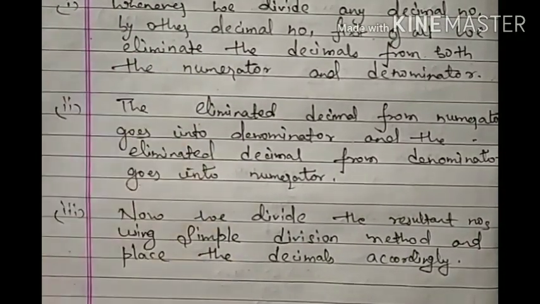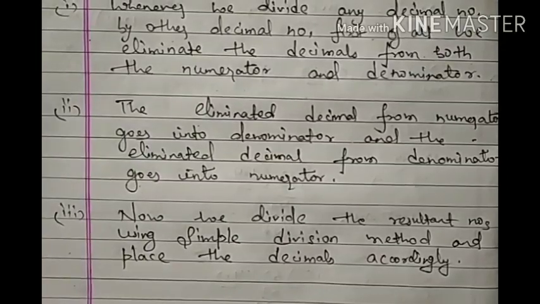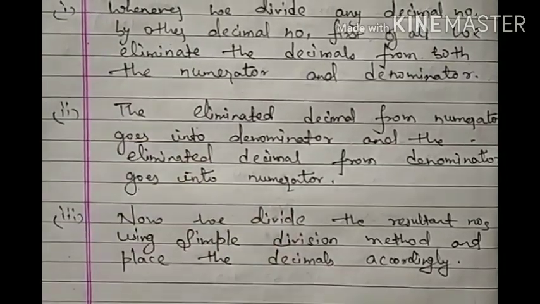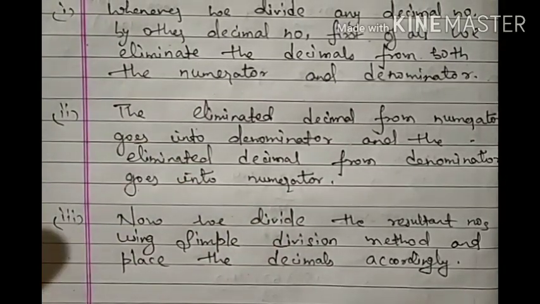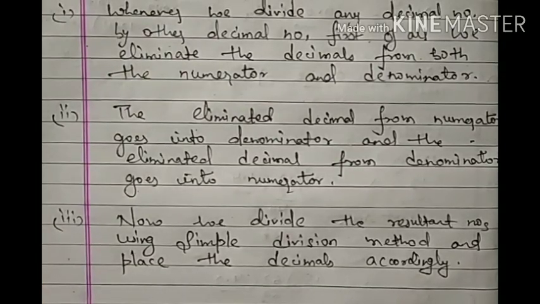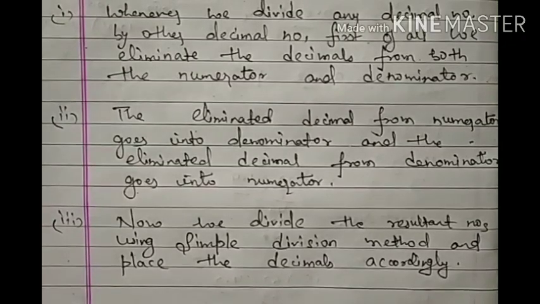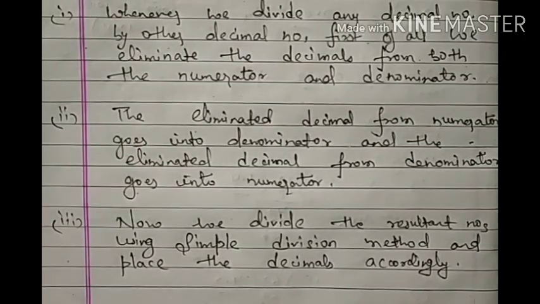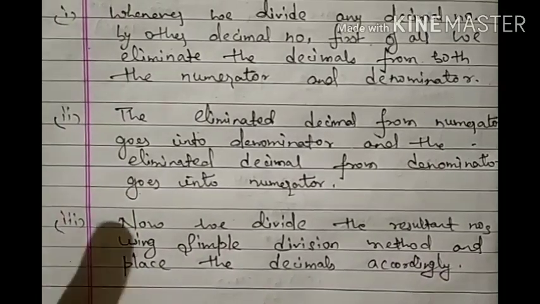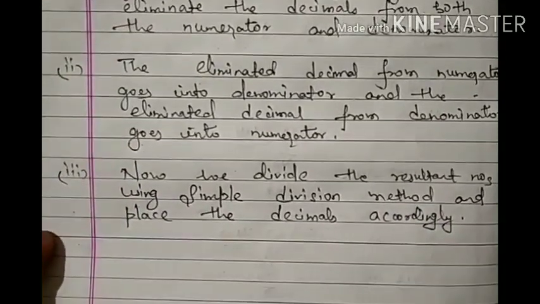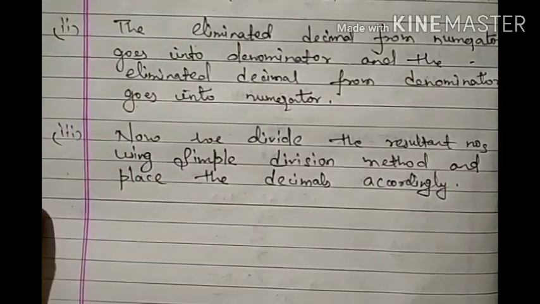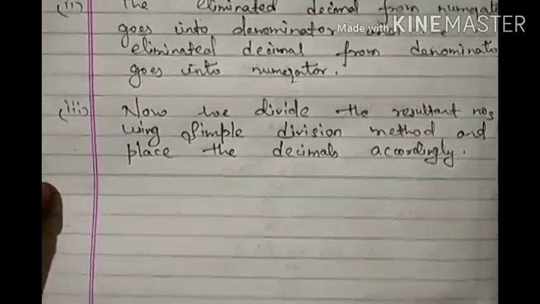That is the second step. In the third step, we simply divide the resultant numbers using the simple division method and place the decimal accordingly. Wherever we need to put the decimal place, we will put it at that point. Now let's move on to examples for better understanding of this topic.